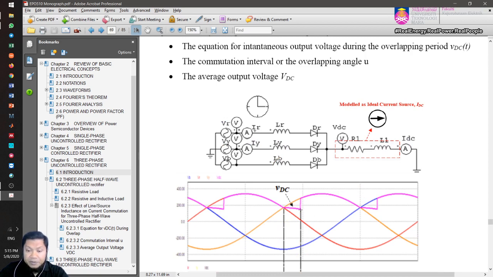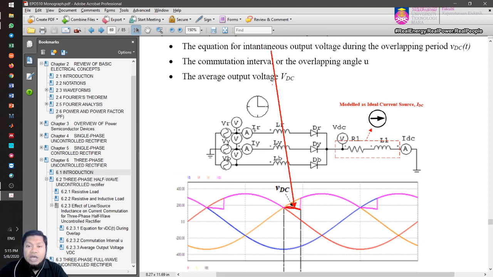During this overlap, the voltage no longer follows the yellow voltage, but now there is a loss, a voltage drop here. If we look closely, it divides the waveform into two parts. It is the average between the two waveforms, running in the middle between the two. So we're going to look at what the instantaneous output voltage equation is during this overlap.